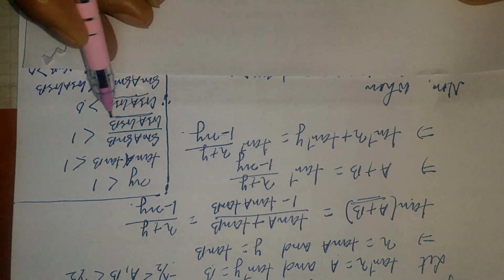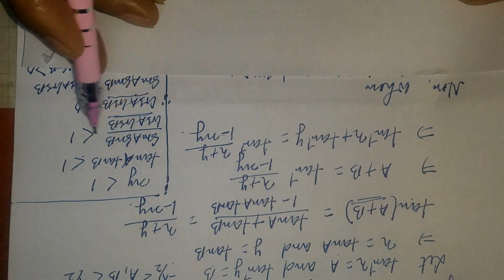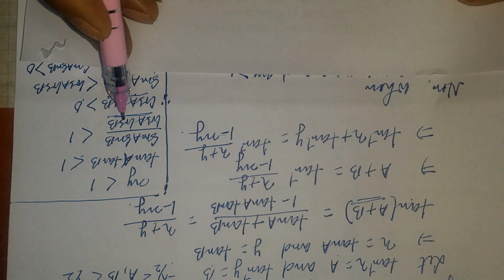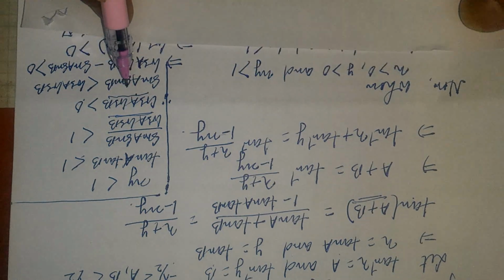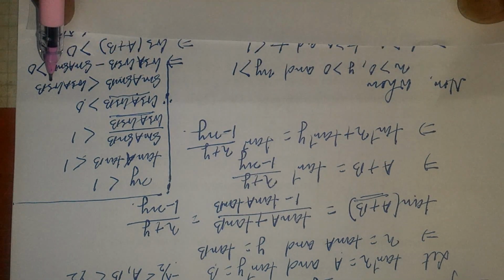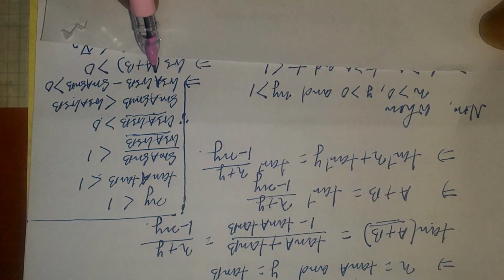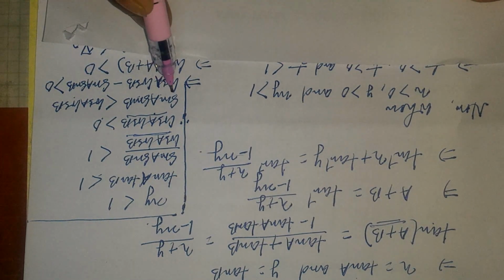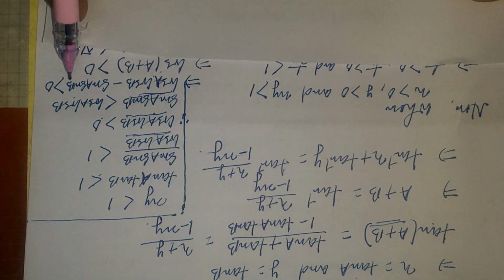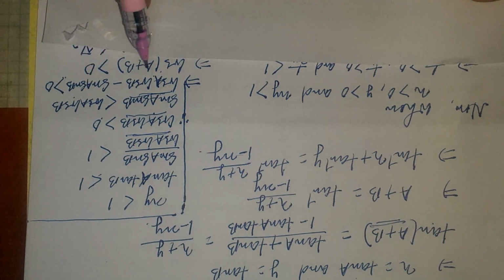If it is positive, it means we can multiply the inequality by a positive number. It will not alter the inequality. After multiplying, we have got that sin a sin b is less than cos a cos b. Or we can write, transposing this to the other side, cos a cos b minus sin a sin b is more than 0. What is the formula?